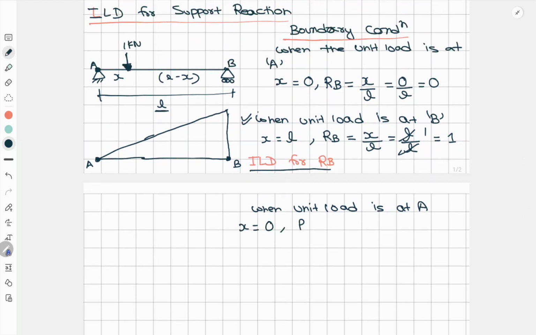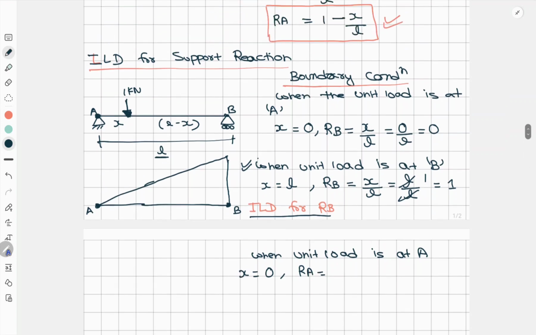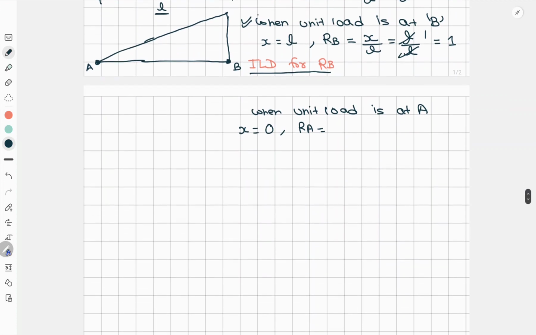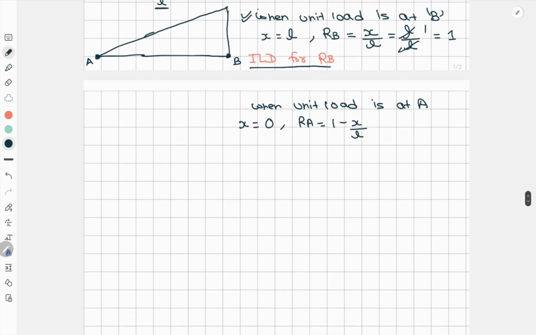Then RA value will be, this is the equation for RA, right? 1 minus X by L. So we just need to put the value of X here, and it will be 1 minus 0 by L. So 0 by L will be 0 only. So the value of RA will be 1 in this case.